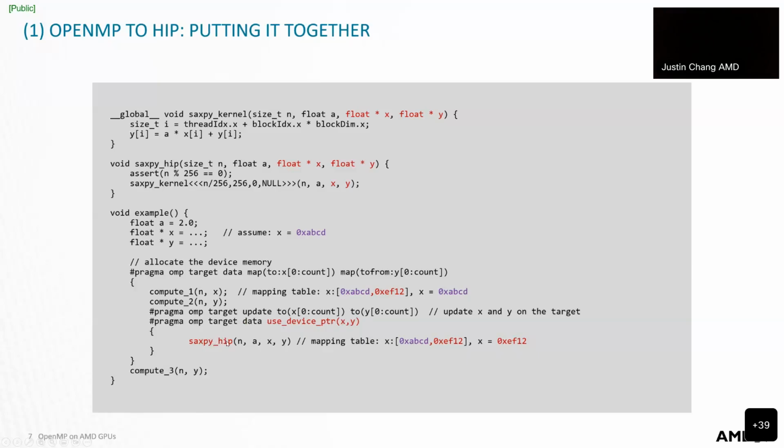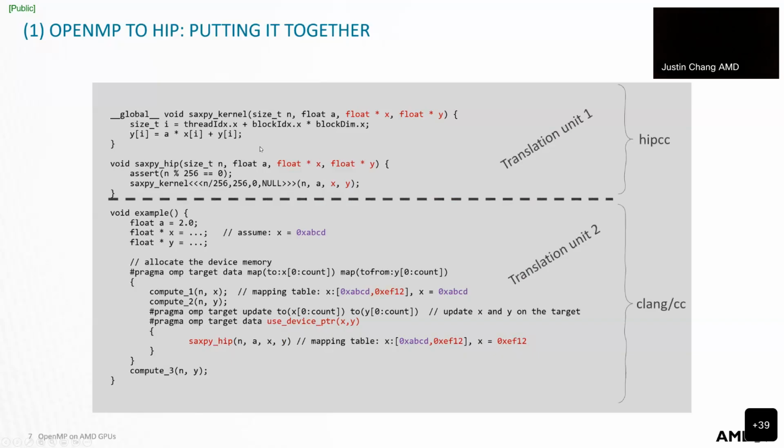So this saxpy_hip will now have a mapping table of the device addresses for X and Y. And so these pointers will then be read into this second function, void saxpy_hip. So this float star X, float star Y contain the device pointer addresses of these arrays X and Y. So this is how you would put it together.